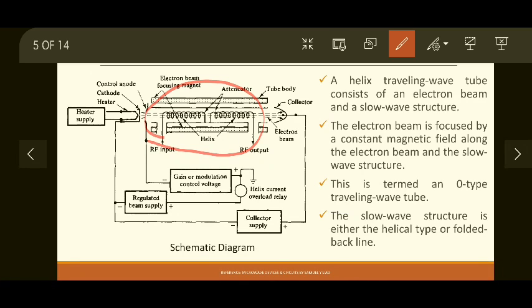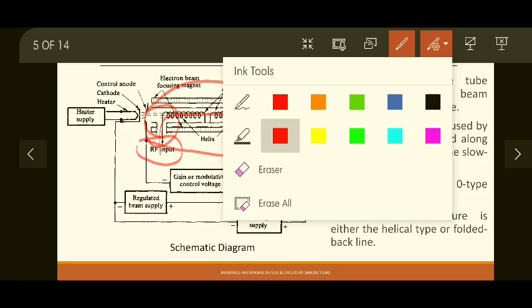Now at one end of this helix, input is given, this is our microwave input, and at the other end output is taken. So microwave input travels through the tube and comes out, whereas in klystron microwave input was given here, and energy of electron translated into current was taken out as an output. So that is the difference.